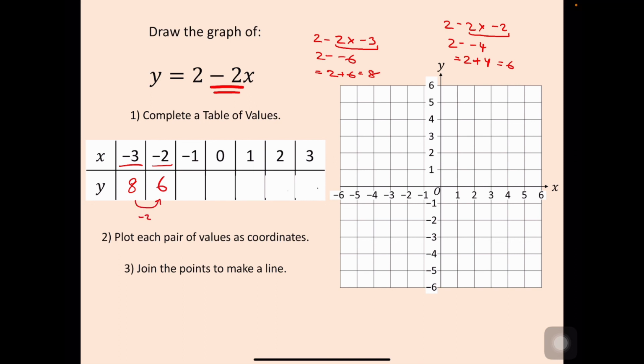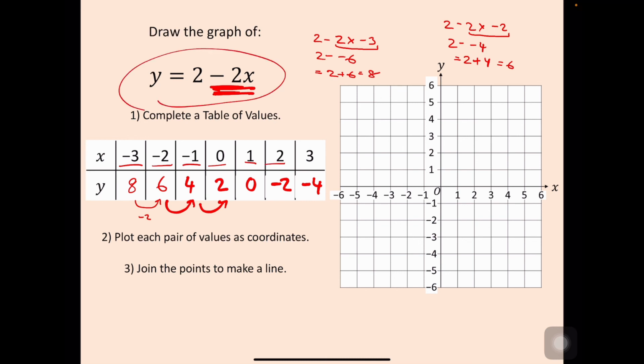And again, that makes sense because what value do we have in front of the x? Well, yes, we have a 2, but it's a negative 2. And because it's a negative 2, we need to take away 2 each time. So here we have a 4, here we have a 2, 0, negative 2, negative 4. And again, if you were to substitute these values one by one into this equation, you will see that all of these y values are correct.